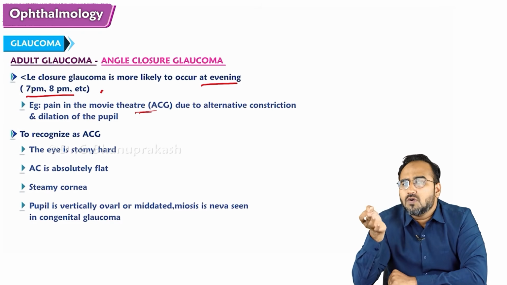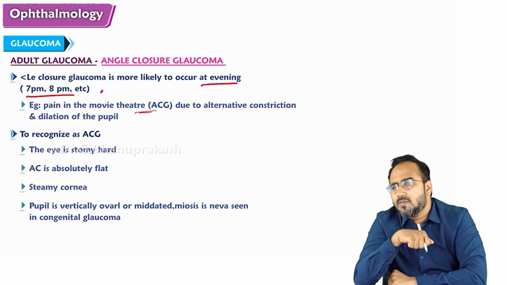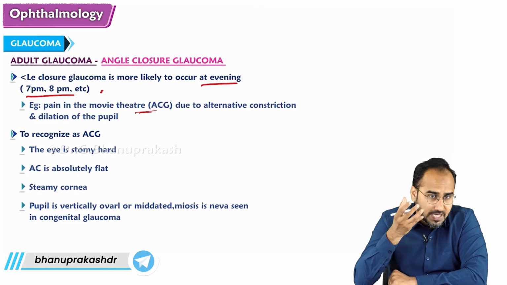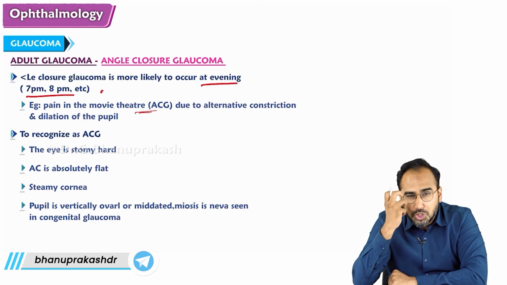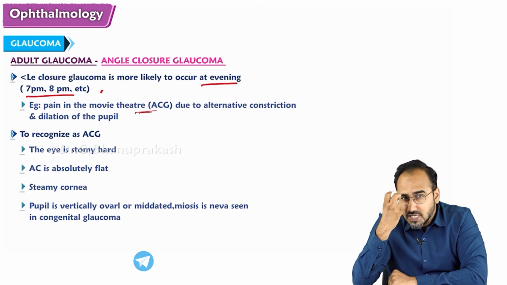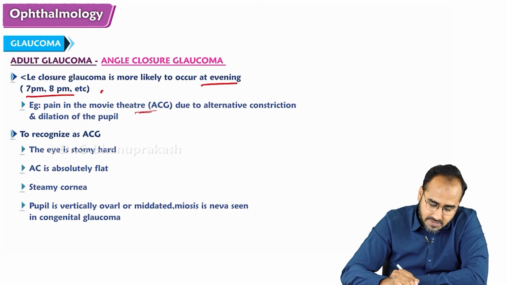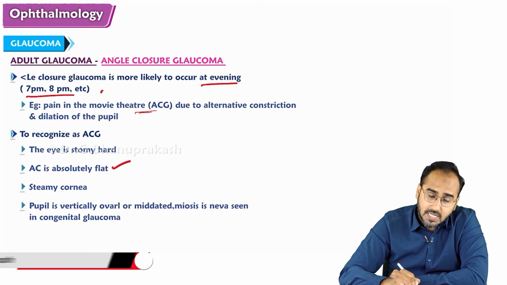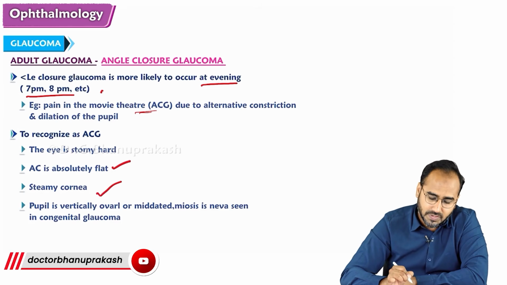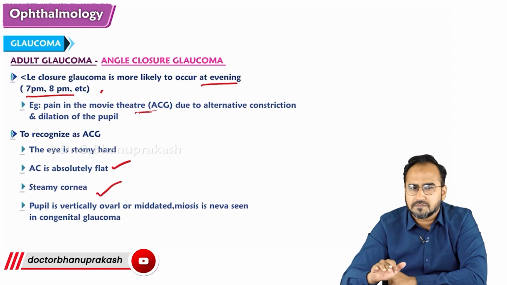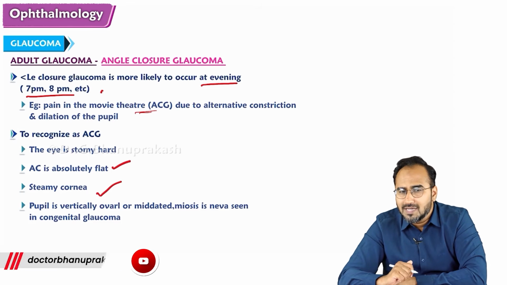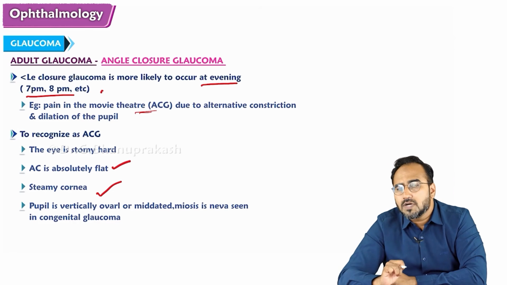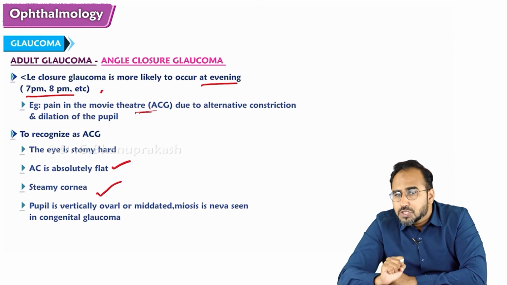How will you come to know the signs of angle closure glaucoma? What signs do you see in the patient's eye that tell you this is angle closure glaucoma? The eye becomes stony hard. The cornea becomes steamy.